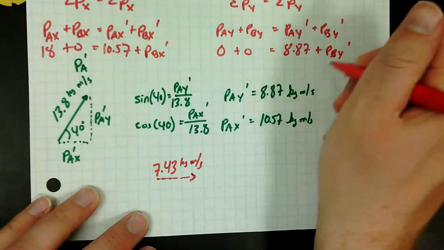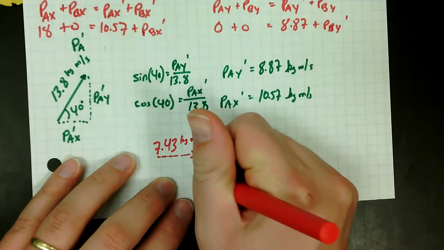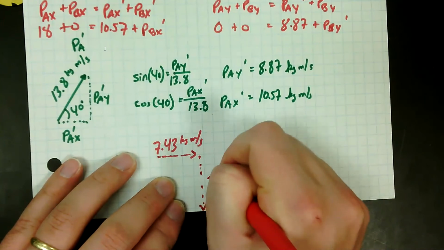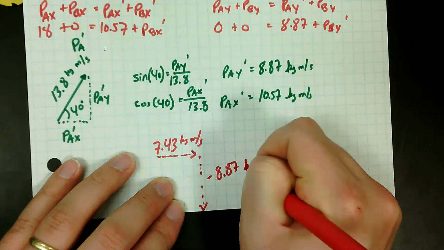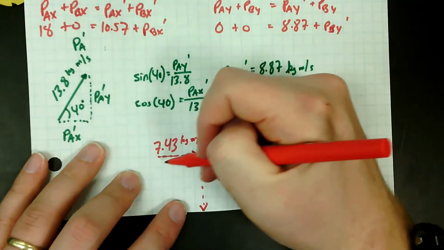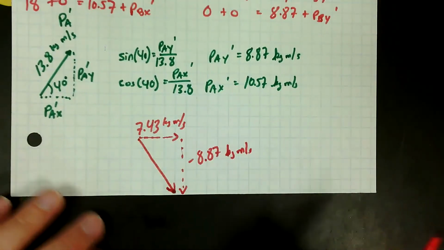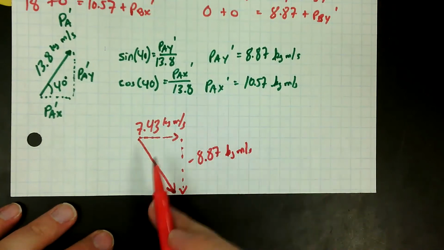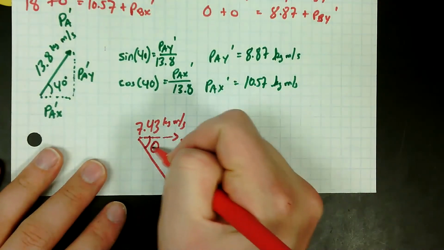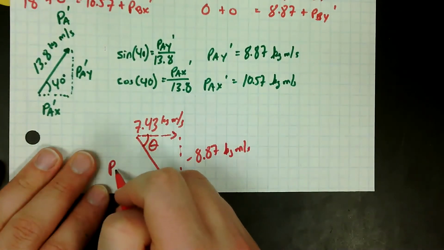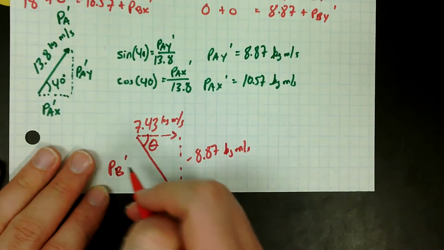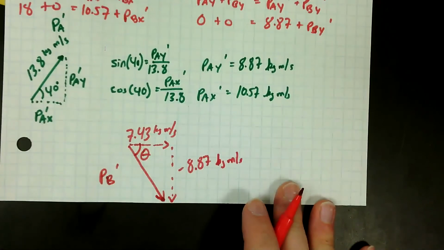And then if I subtract this over, I should get negative 8.87. So now we can find what PB prime is, and we can find what its angle is.